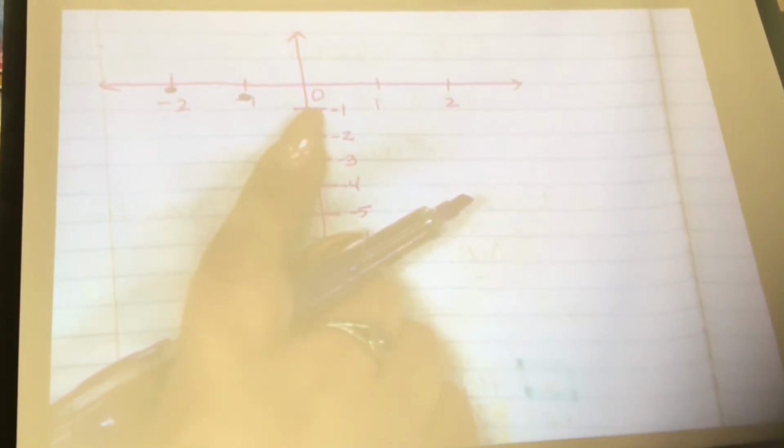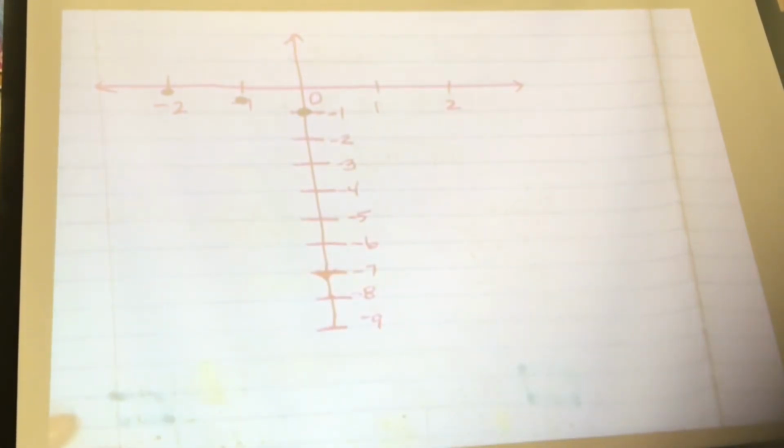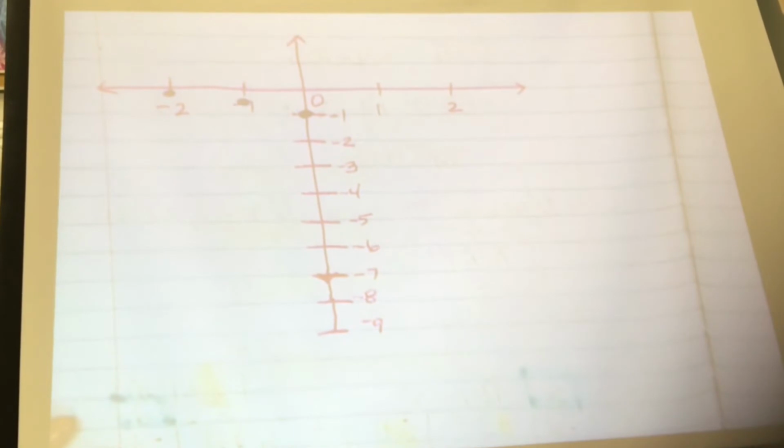Lana, what's the next point? That's easy. 0, negative 1. Isaiah, what's the next point? Isaiah, you need to have a highlighter in your hand. You should be highlighting this. What's the next point, babe? 1 what?